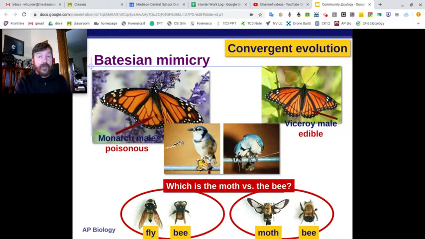It's got the same coloration as the monarch to make the birds think it's not a good meal for them. And then down at the bottom, you've got some flies that mimic bees because obviously the bees have stingers. You've also got a moth that mimics a bee. So these types of mimicries, they're harmless species, but they look like they could be inedible or harmful.